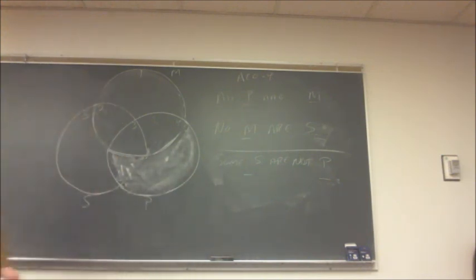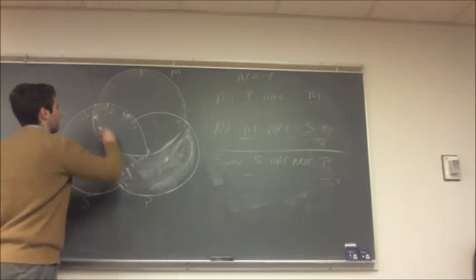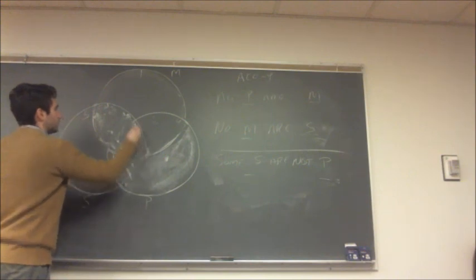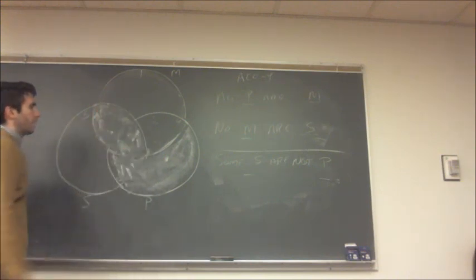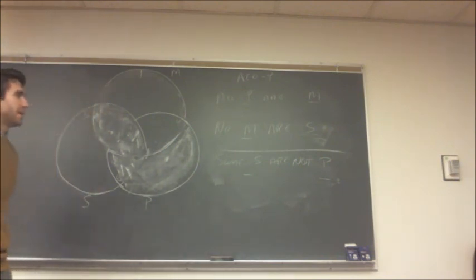Second premise, no M are S. So we want to shade the parts of the M circle that overlap the S circle. Those would be 2 and 3, so we'll shade those. Okay, good. Now we can look at the conclusion. Is it true, according to this diagram, that some S are not P?